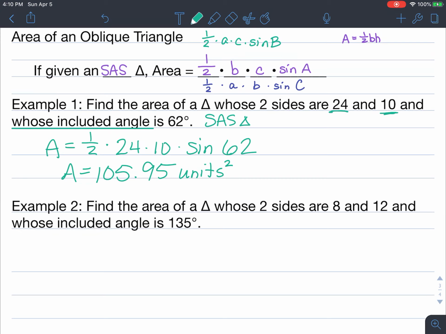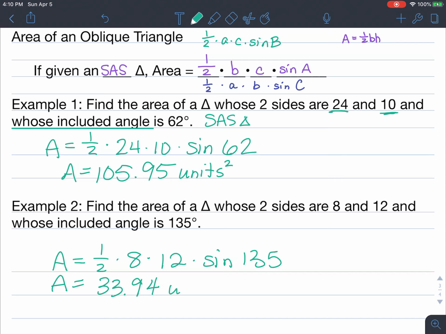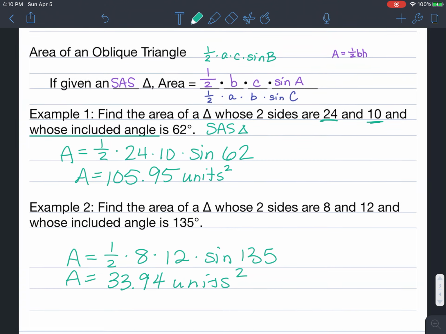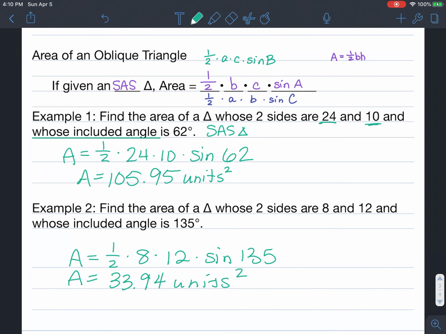Find the area of a triangle whose two sides are 8 and 12, and whose included angle is 135. Here's the thing. Nobody has any trouble with this. You know what people have trouble with? Remembering what to do. I know you're just looking at this going, oh, this is totally fine, I'm not even going to worry about this.